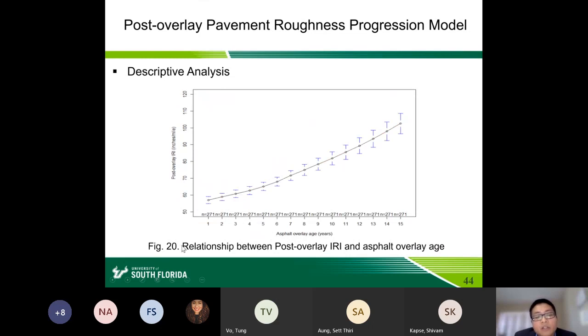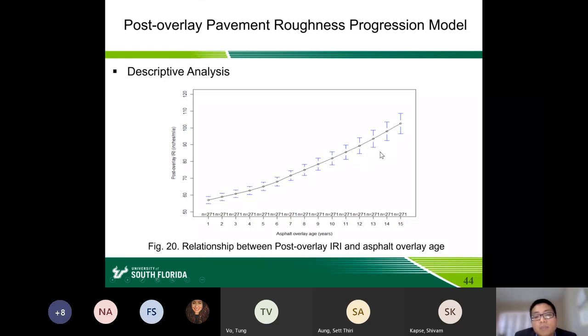As we can see in figure 20, this figure is trying to evaluate the IRI progression trend with time. As we can see here, the relationship between IRI progression and the pavement age is nonlinear. Also, we see the error bar increases with time.